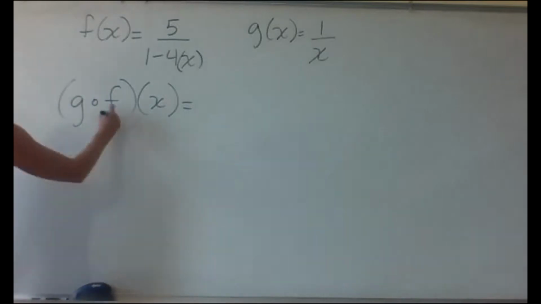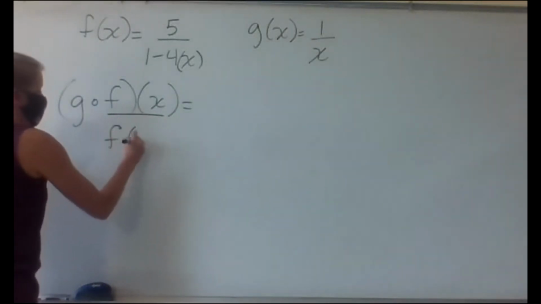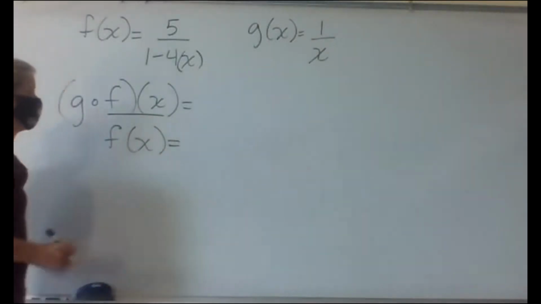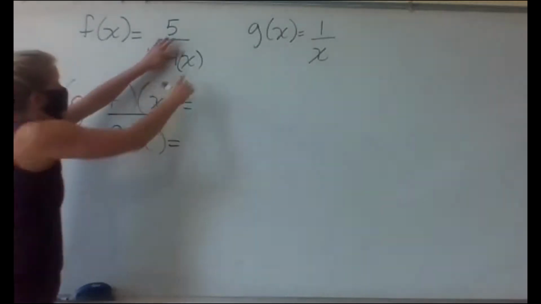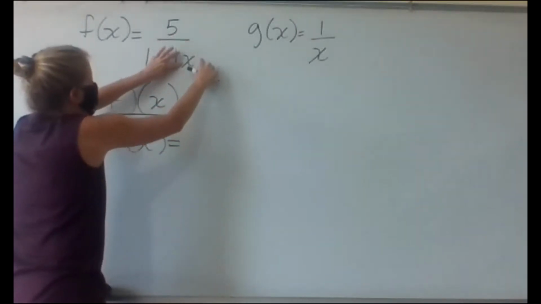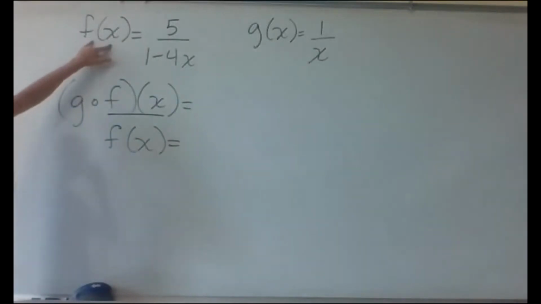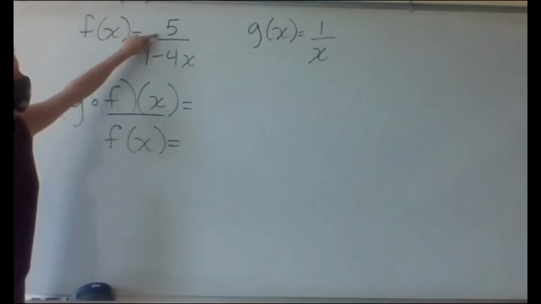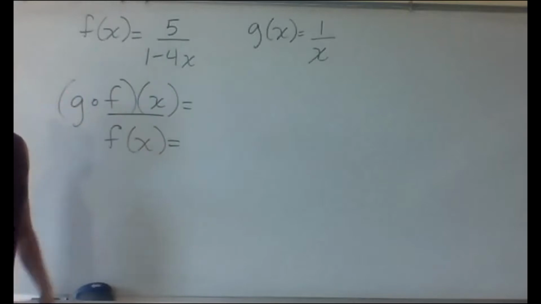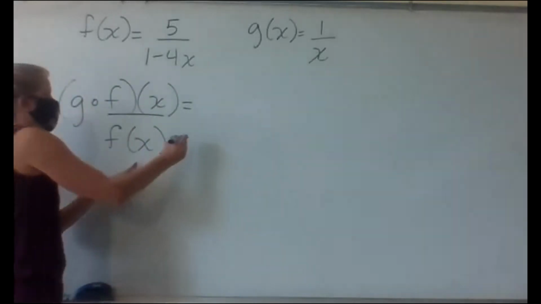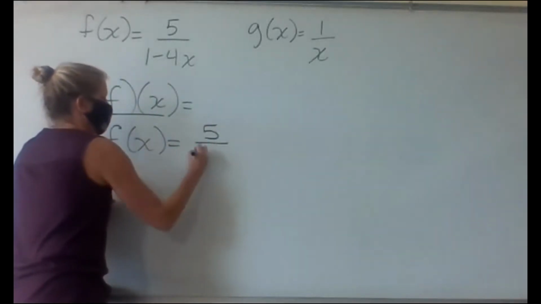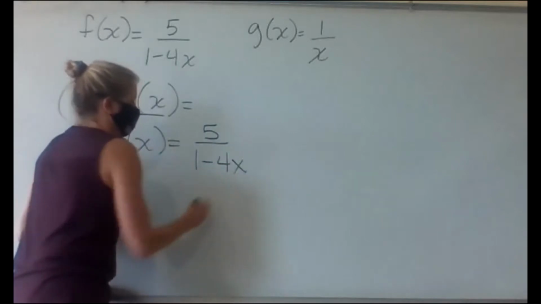So find your inside. What is f of x equal to? The only thing easy about this problem is I know what f of x is equal to. It tells me right here in the beginning of my problem. F of x is equal to 5 over 1 minus 4x. So that's what f of x equals.